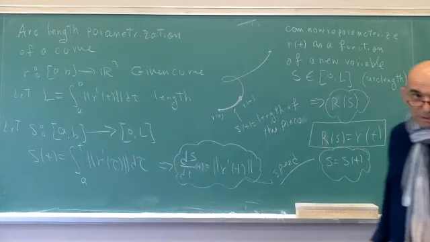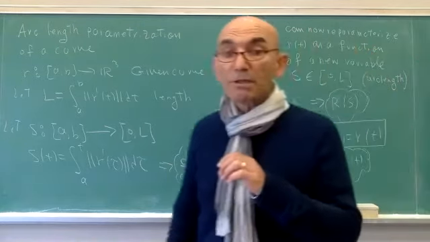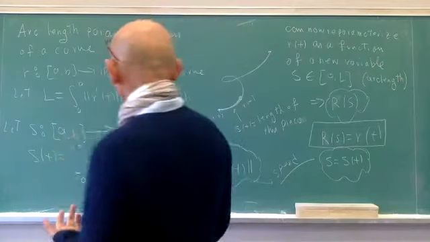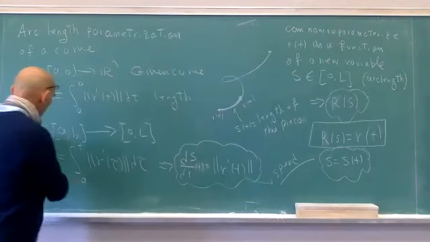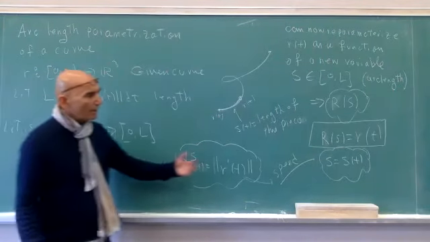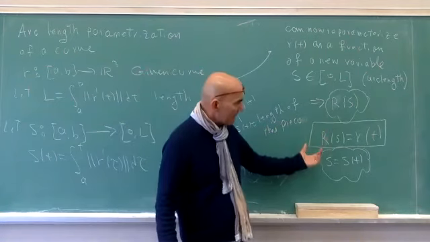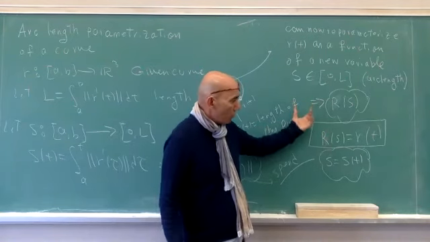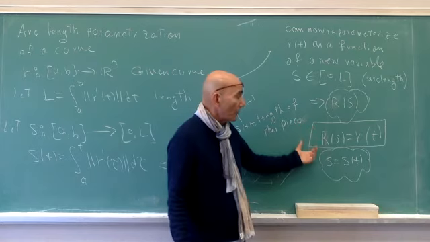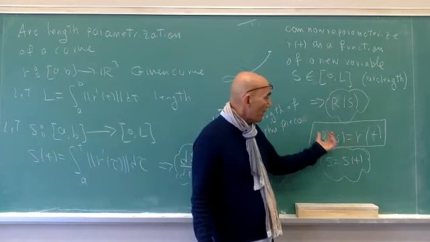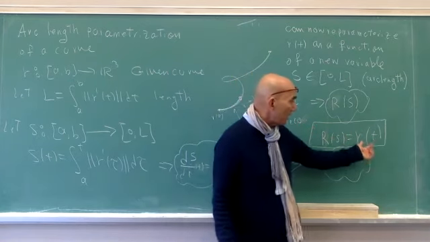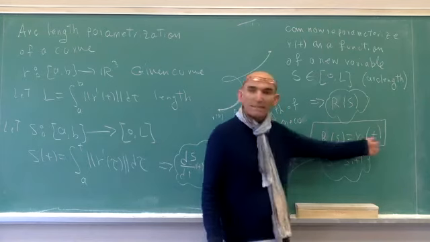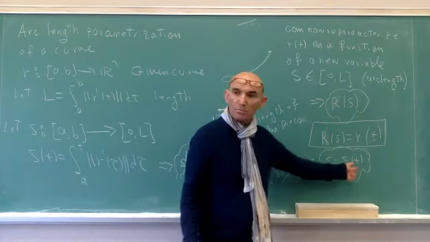If you think about it, this is a bit subtle actually, because the function originally was a function of t. Now I'm writing it as a function of s. So I get a new function. I call it capital R, it's not little r. But capital R of s is little r of t, where s and t are related by this formula.